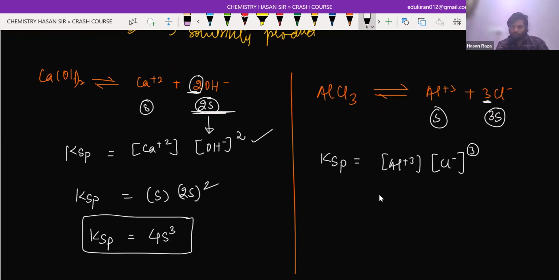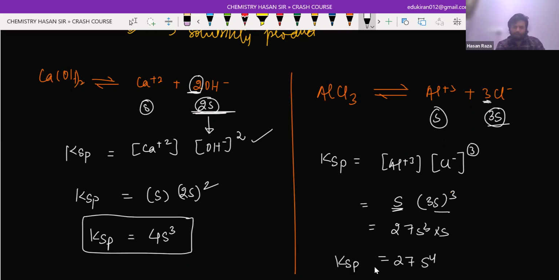So here it will be S into 3s, which has a power 3. So 3 3s are 9, 3s are 27. S cube into S is already there, so it will be multiplied and 27S to the power 4. So this will be the Ksp value for this. Okay, Rehan.